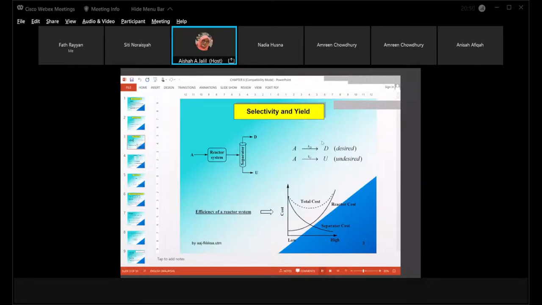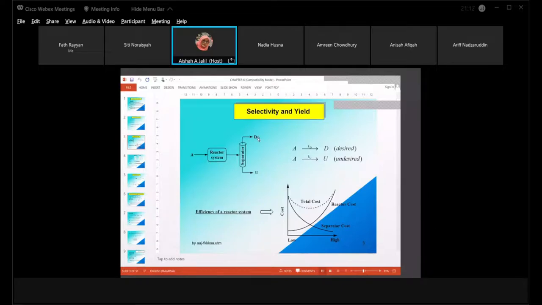Yield is the ratio of the product to the starting reactant material, times 100%, usually in percentage. This is A, the starting material.